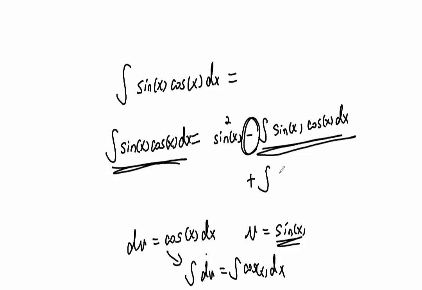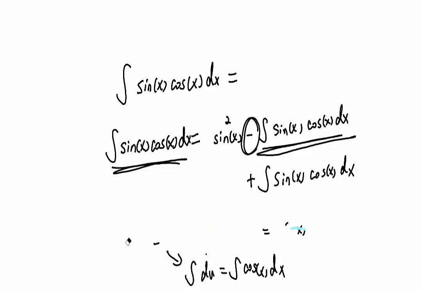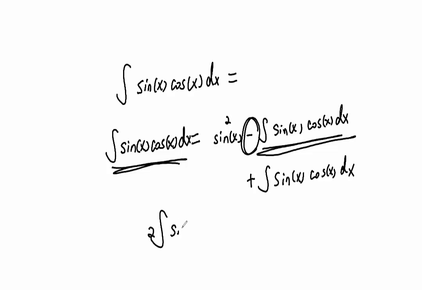I'm going to add the same term right here on both sides. If I'm adding that, I double the same term on the left side right now. That's going to be 2 times the integral equals sine x squared.